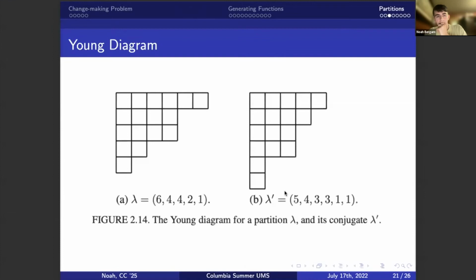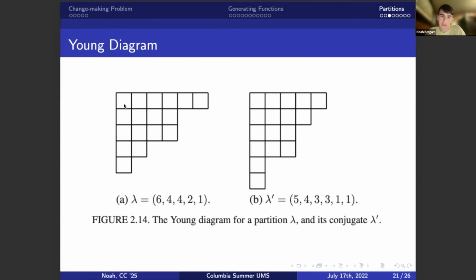Another way, there's the usual way of visualizing a specific partition, using something called a Young diagram. In this case, it's 17, so 17 is your n, right?